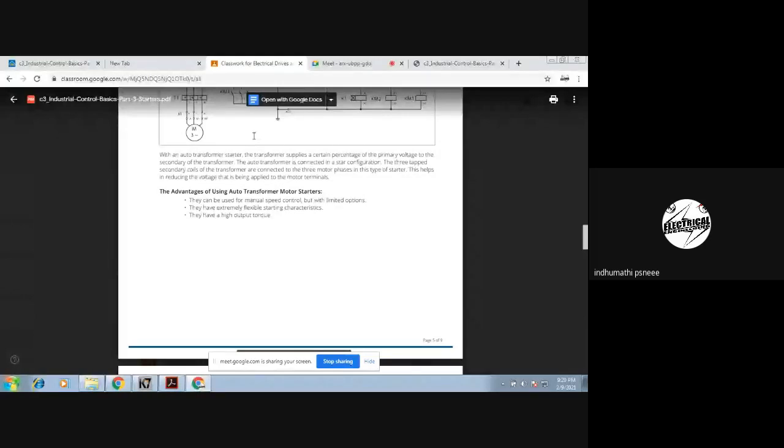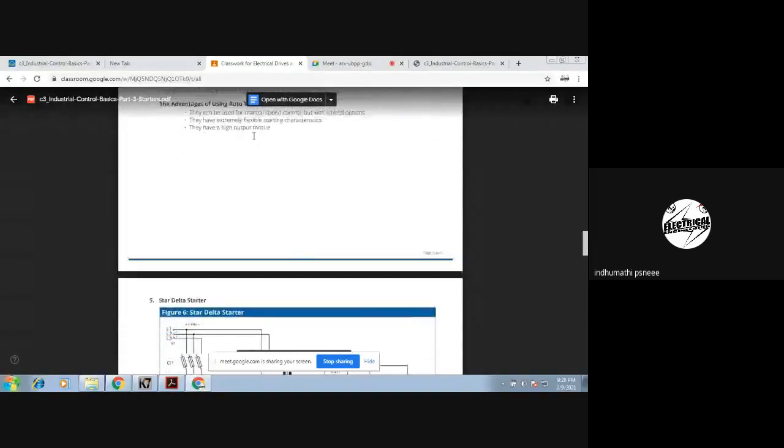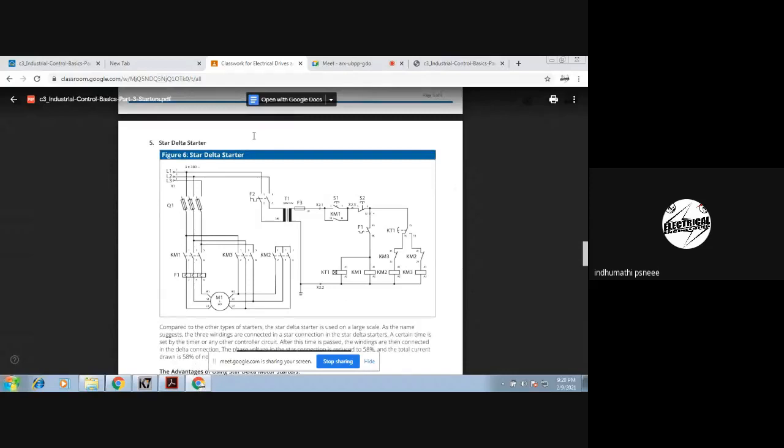Then the star delta starter. In the auto transformer starter, the slip ring starter and the rotor resistance starter, only star connected windings are used. But the star delta starter has star as well as delta.